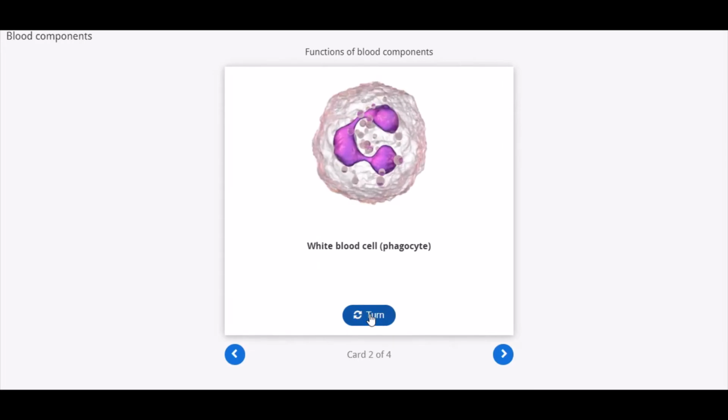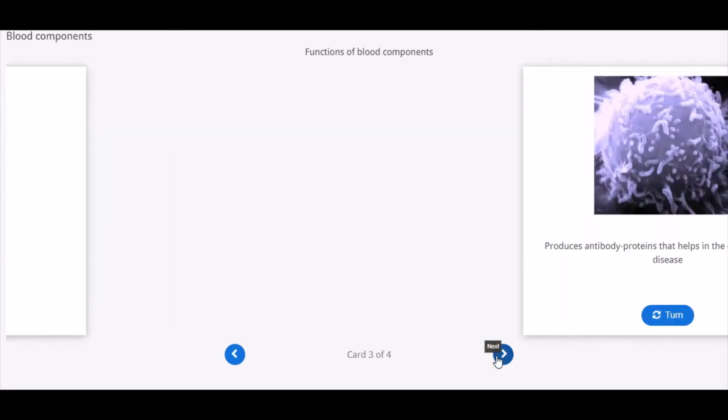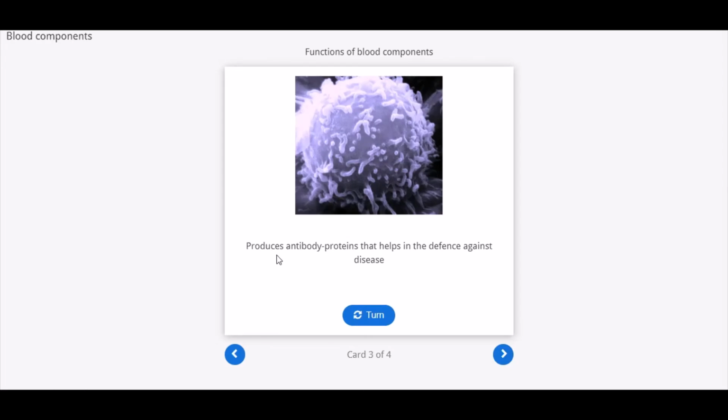That is the white blood cell, the phagocyte. Another image here is showing us a component of the blood that produces antibody proteins and helps in the defense against diseases. The lymphocytes, white blood cell.